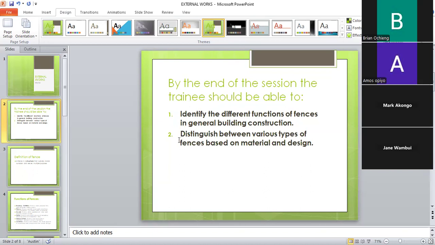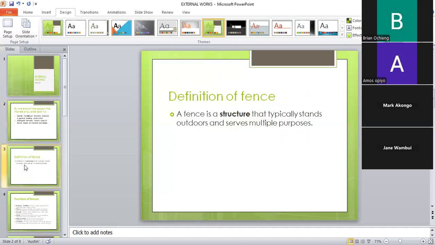By the end of this mini session, you should be able to know those two learning outcomes.